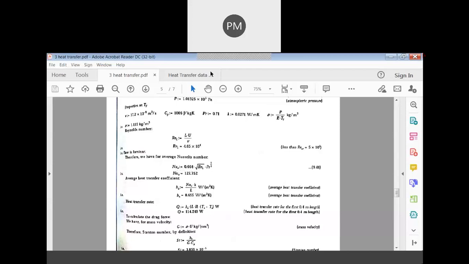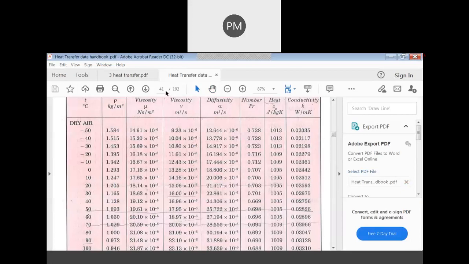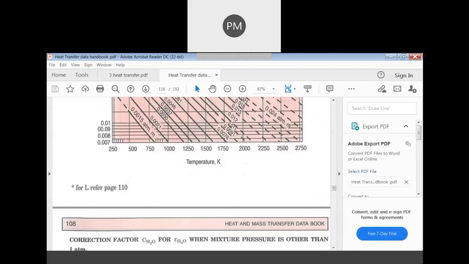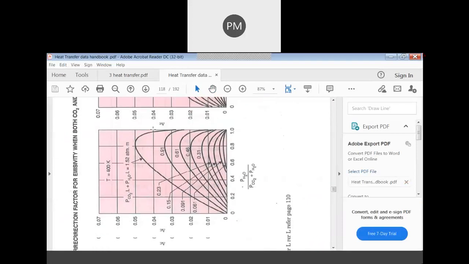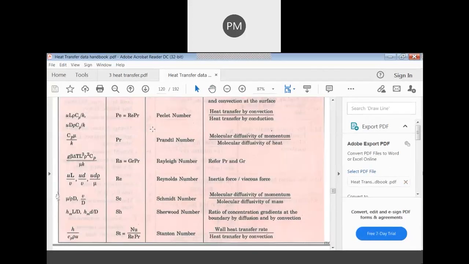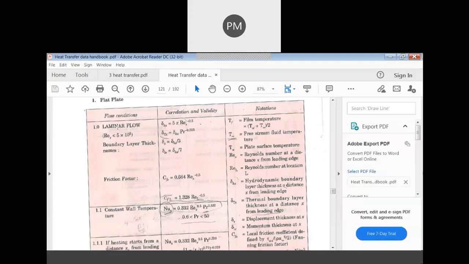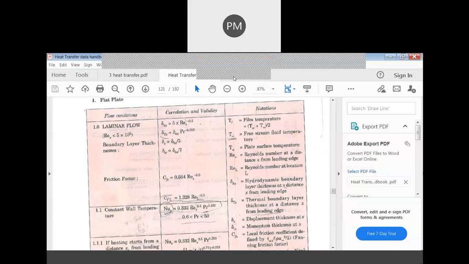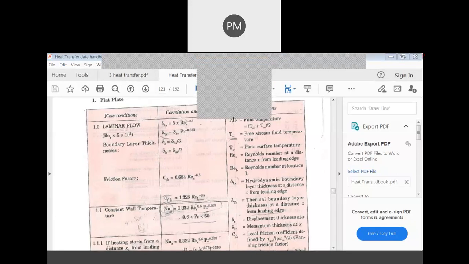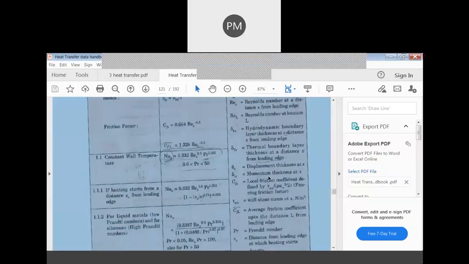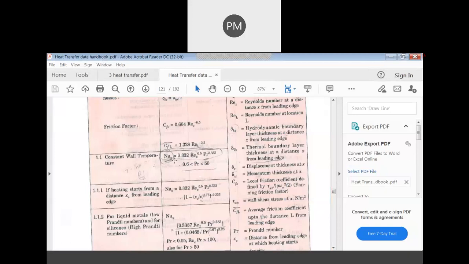Okay, so Nusselt number formula, how you are going to obtain? So this is a flat plate laminar flow, and you know the formula for Nusselt number.